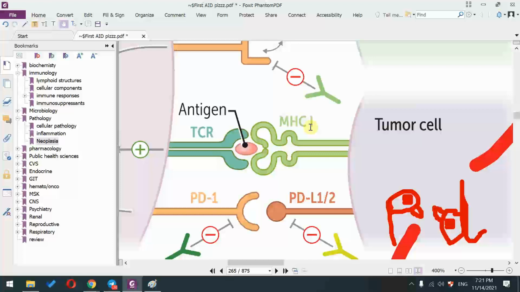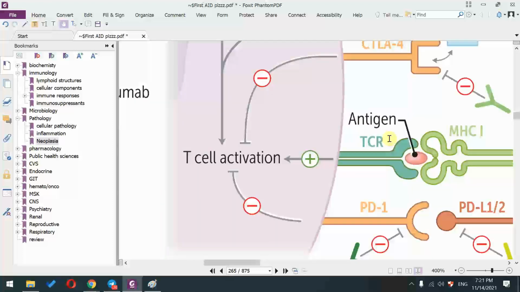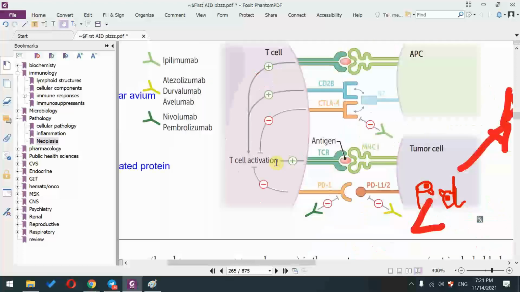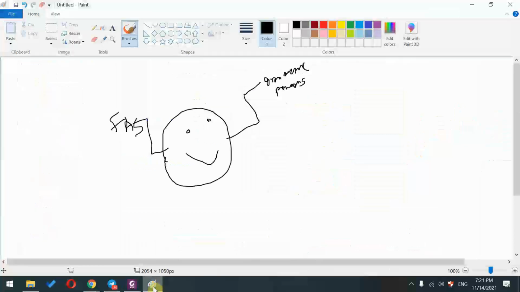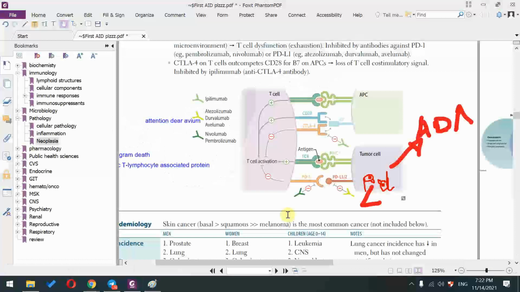But if it presents cancerous material, the T cell receptor will be like, okay, Houston, we have a problem. So the T cell receptor becomes active. If it becomes active, what happens? The T cell is active, so our friend here comes with the granzyme, he's the T cell, of course, and the Fas receptor, and they kill the tumor cells.